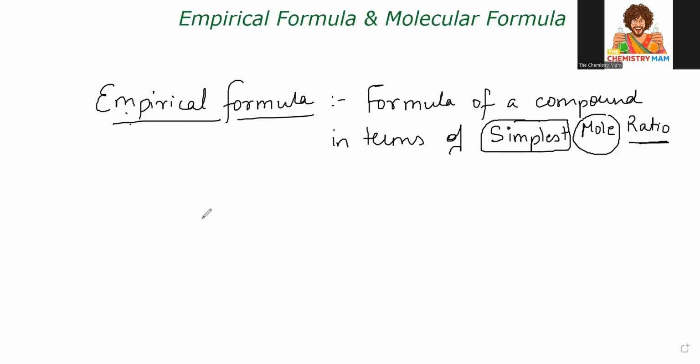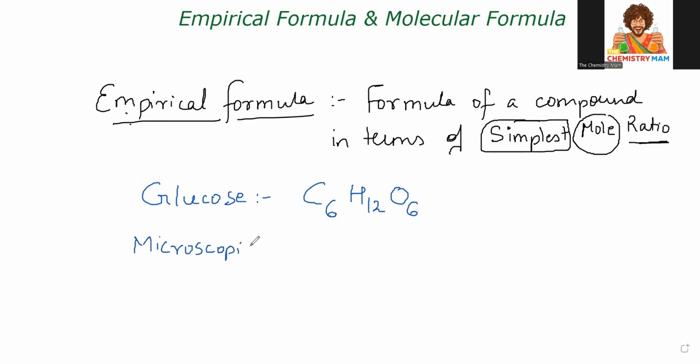And to enhance our understanding, I'll just give you an example. Suppose let's take a molecule glucose. The formula of glucose molecule is C6H12O6. Now, if I understand this molecule in microscopic terms, as we did in the video number one, so one molecule of glucose, since we are talking about microscopic levels, so obviously I'm taking one molecule of glucose.